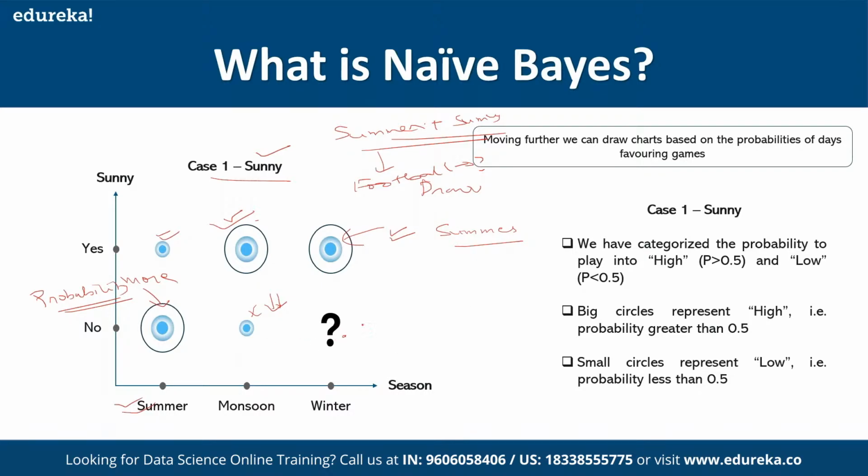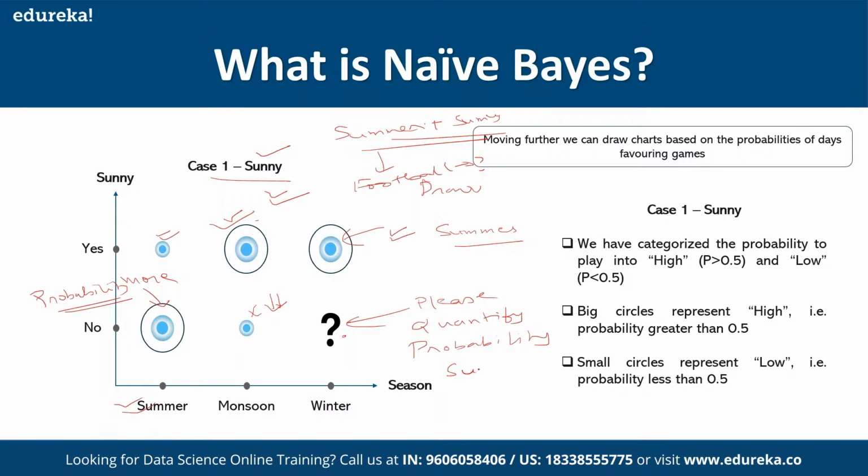Suppose I am asking you a question: please quantify the probability that today it is sunny. What is the condition given to you?